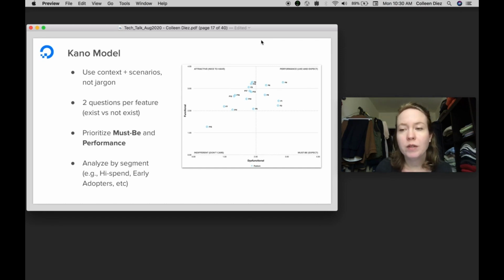One thing that we've noticed is that if potential customers don't understand what the feature really is, because it's not well described, they tend to rank it as indifferent because they don't know it. Like here in this example, I think feature 15 was probably not as well described, since folks were pretty indifferent to the value of the feature.